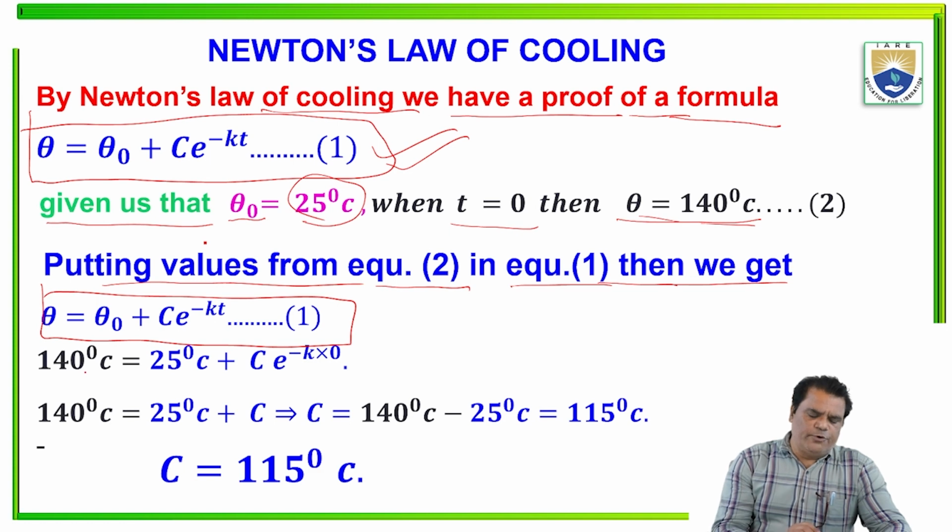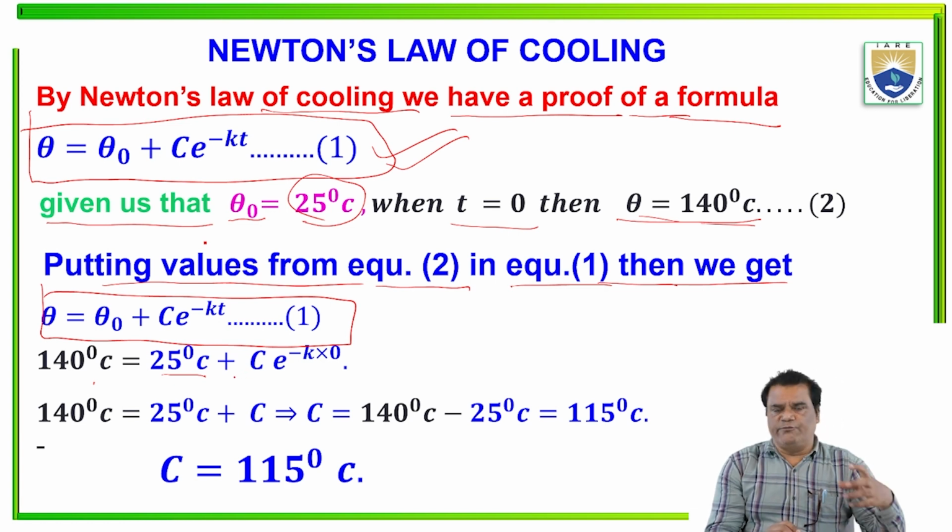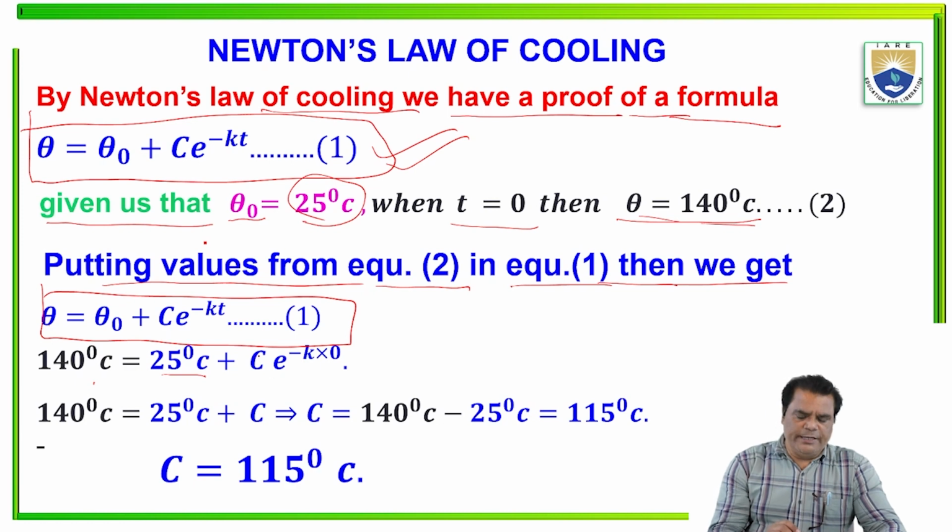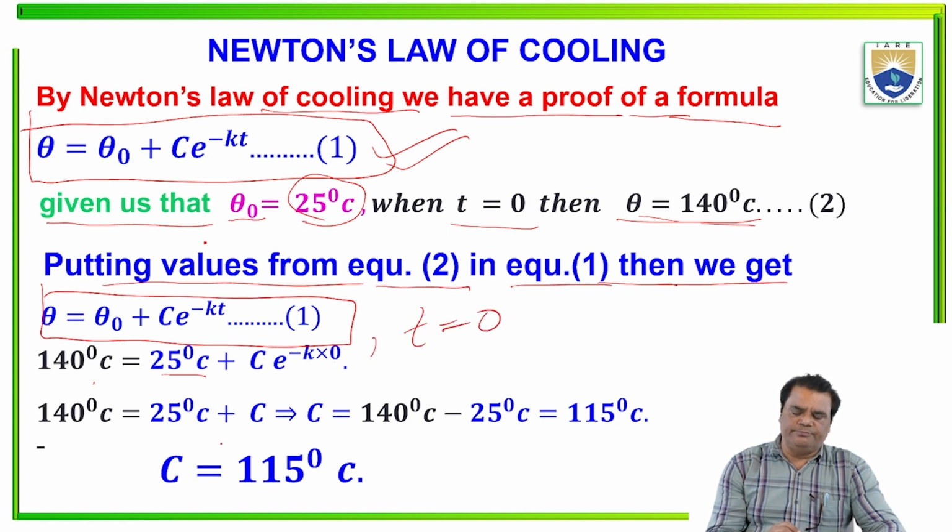Here theta is 140 degrees centigrade, theta naught is 25 degrees centigrade, and c is the integration constant. We have to find the value of c. t is 0 here, so e to the power minus k into 0 equals 1.